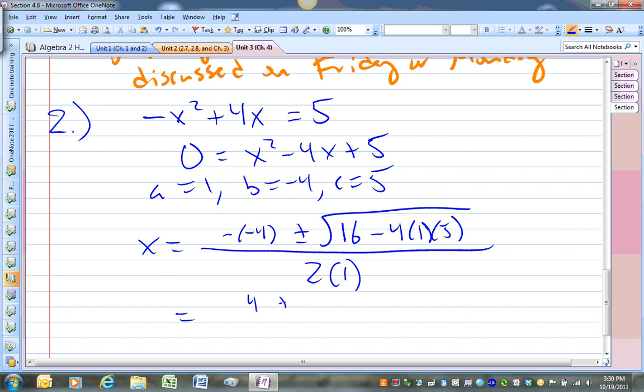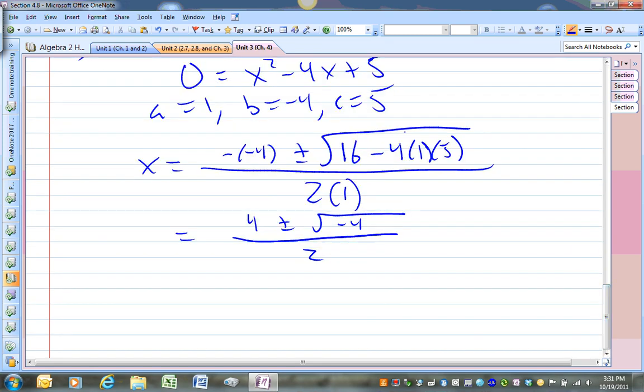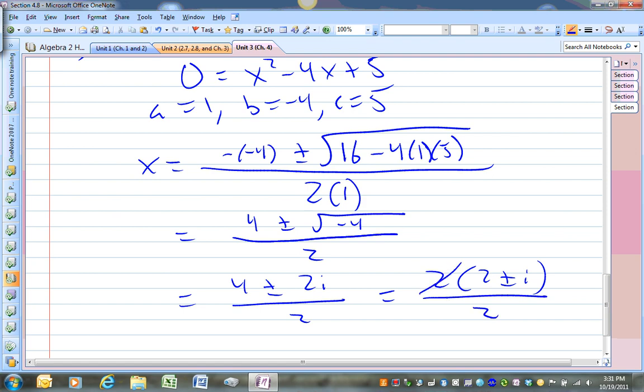So you get 4 plus or minus the square root of negative 4 on the inside, over 2. Because remember, 16 minus 4 times 1 times 5: 4 times 1 times 5 is 20, and 16 minus 20 is negative 4. So you have 4 plus or minus 2i over 2. Factor out 2 from the top. The 2s cancel.